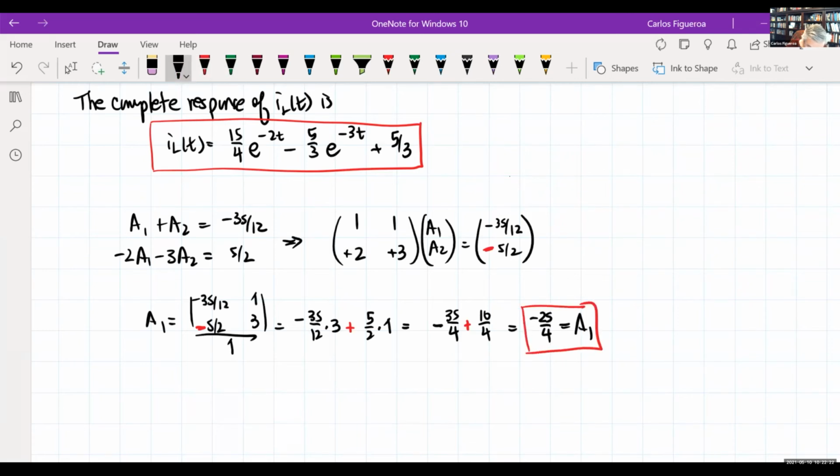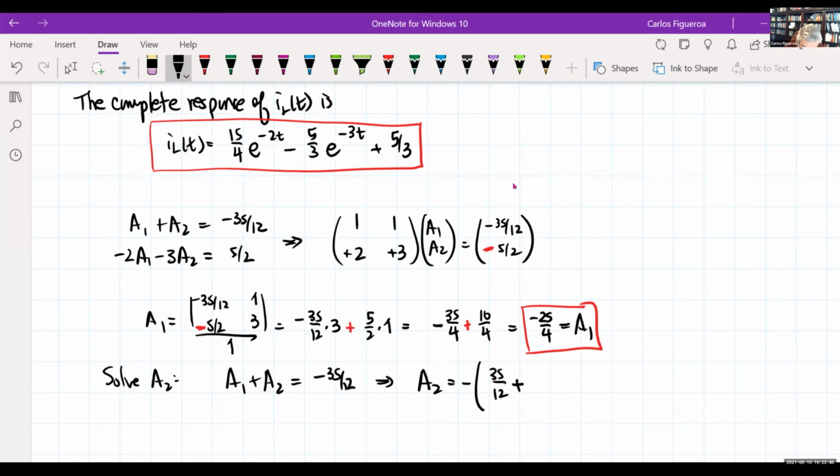So now if I solve for A2, I know that A1 plus A2 equals minus 35/12. So then that means A2 is going to be minus 35/12 plus A1.